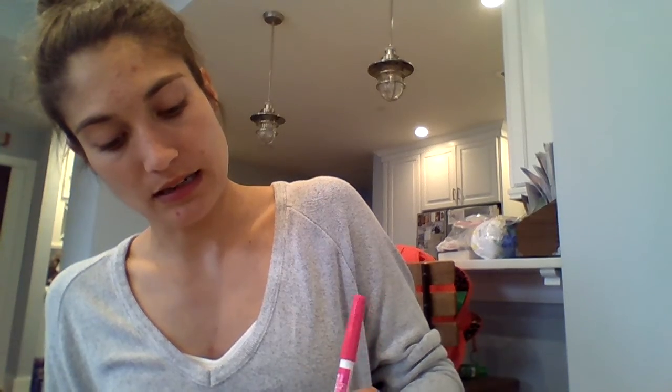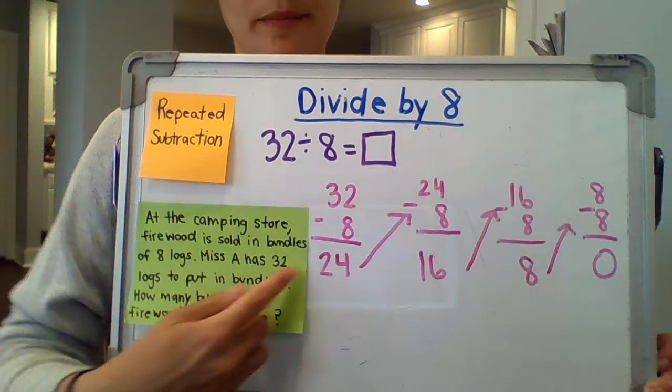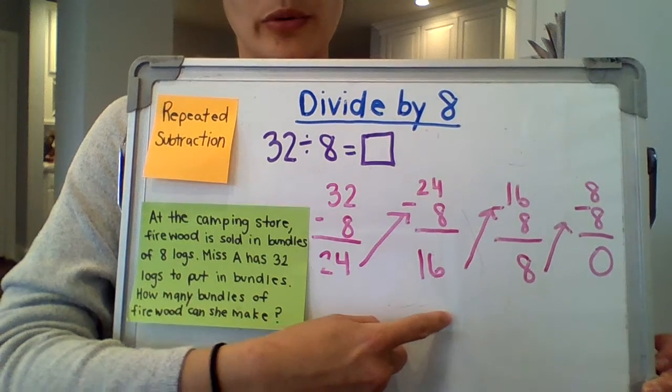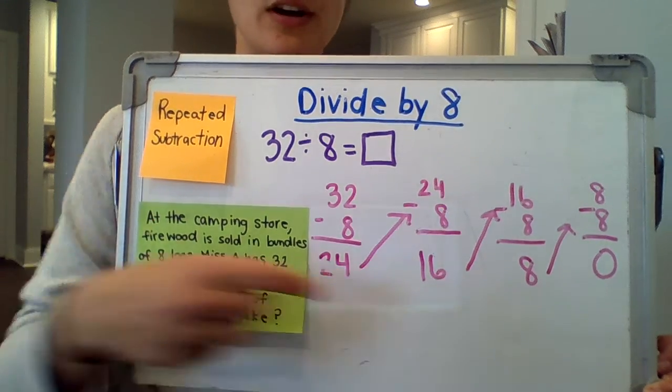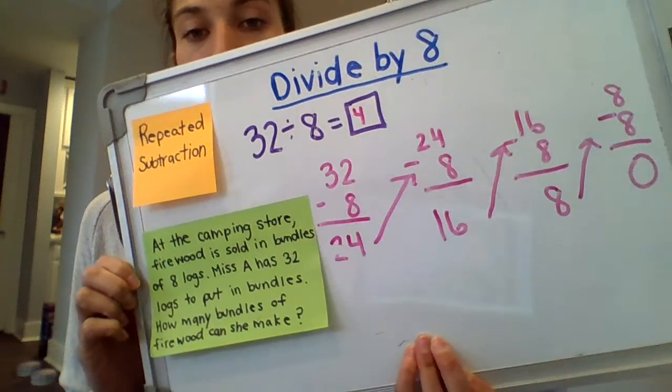And now I'm going to do 8 minus 8, and I get 0. Remember, we always stop at 0. Then we'll take a look and see how many times did I do that? 1, 2, 3, 4. So since I did it 4 times, I know 32 divided by 8 equals 4. Okay, remember that's repeated subtraction.